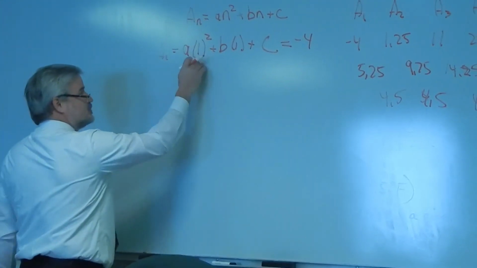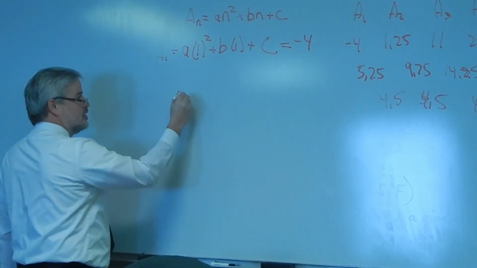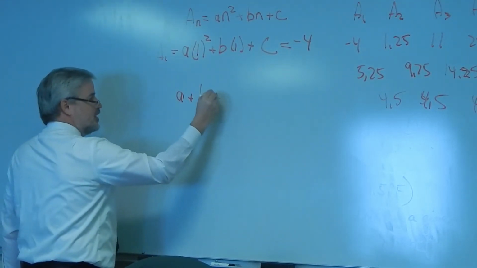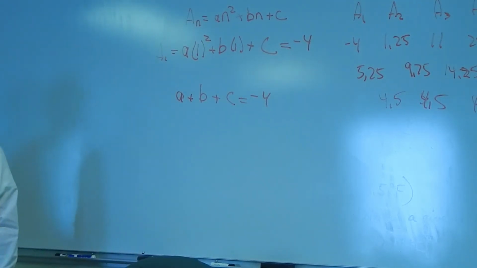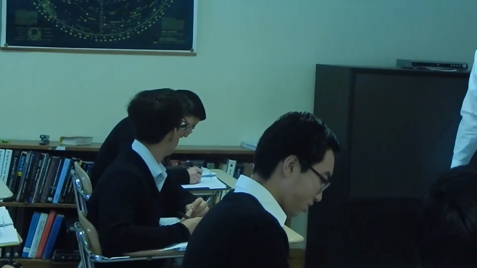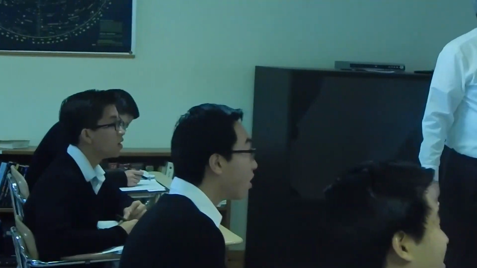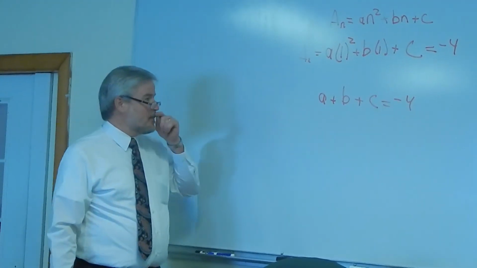So this becomes just a plus b plus c equals negative 4. It's not a squared, it's 1 squared. 1 squared is 1, okay.